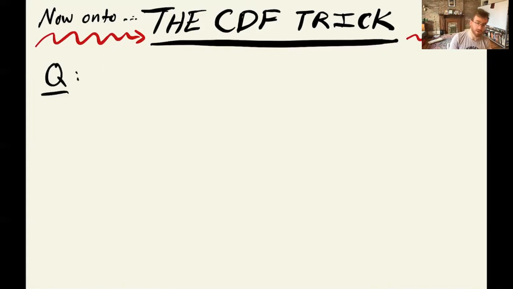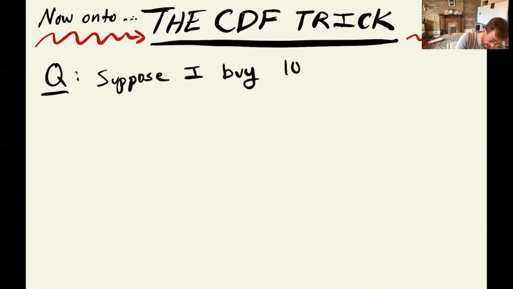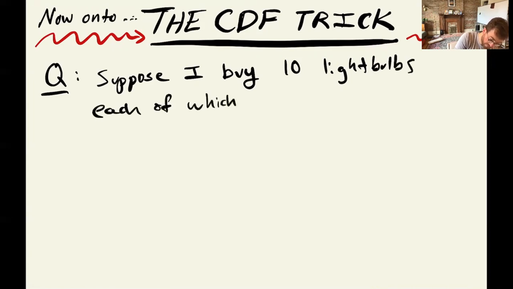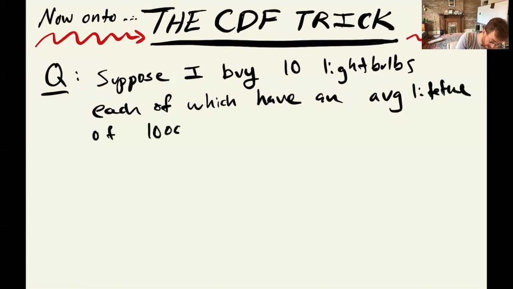Suppose you're asked the following question. Suppose I buy 10 light bulbs, each of which has an average lifetime of 1,000 hours.